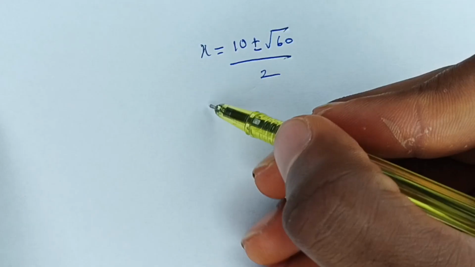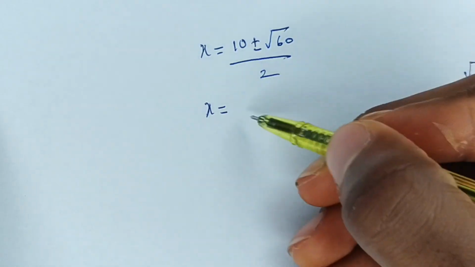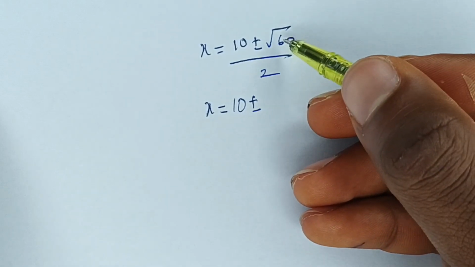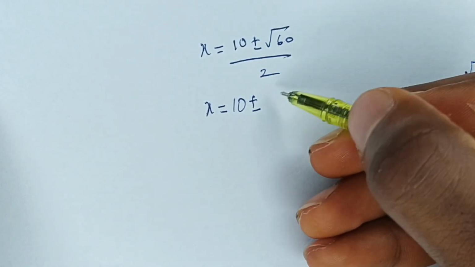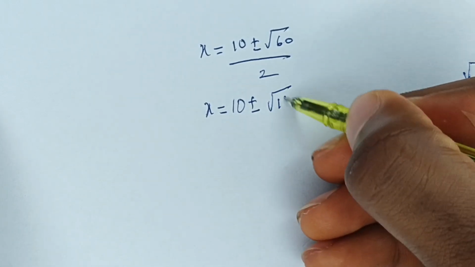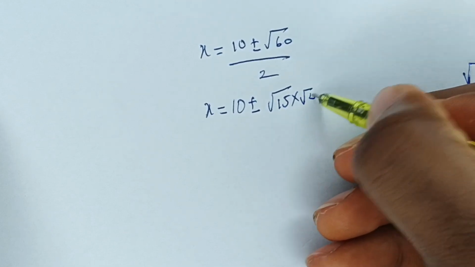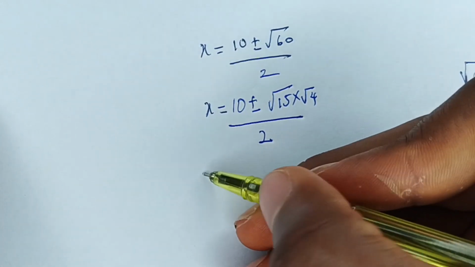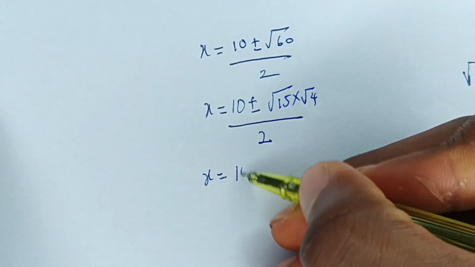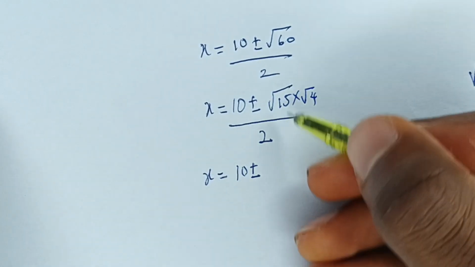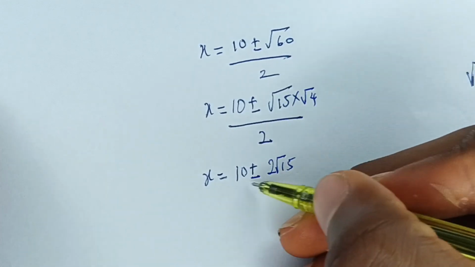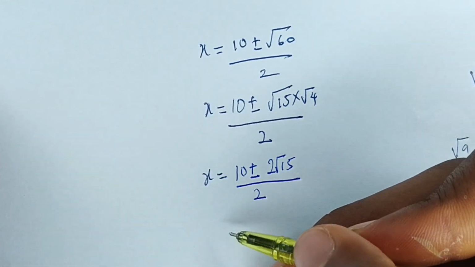We now have that x will be equal to 10 plus or minus root of 60, which can be expressed in the form of root of 15 times root of 4, all over 2. Now x becomes equal to 10 plus or minus root of 4, which is 2, so we have 2 times root of 15 all over 2.